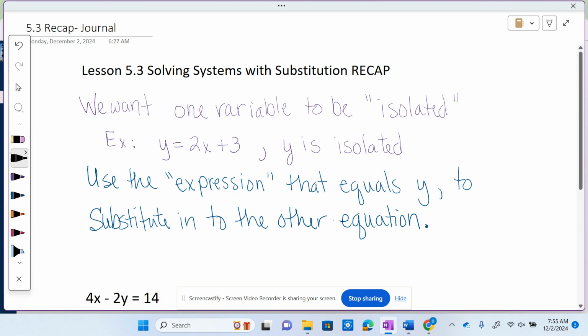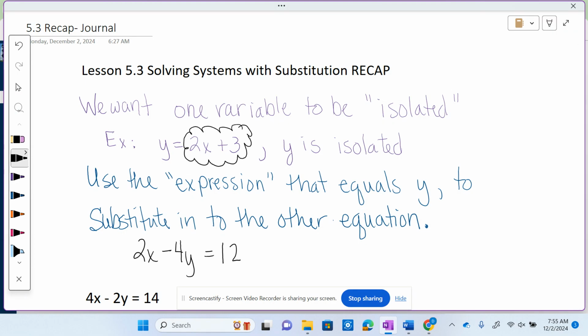So if our second equation was 2x minus 4y equals 12, we would take this expression. We know that y is equal to the expression 2x plus 3, and we would substitute it in right here for the variable y. So what would that give us?